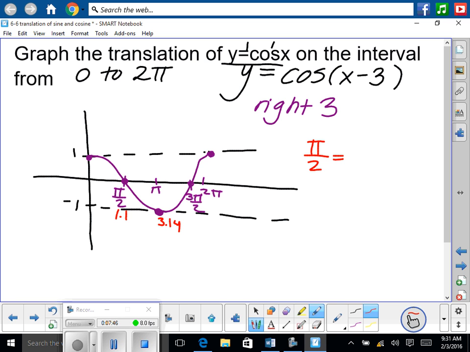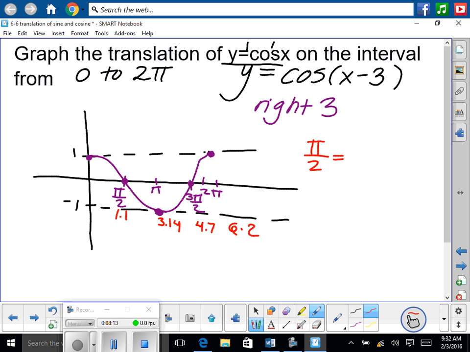And then what's 3 pi halves? I did not draw this to scale. I should say 2 pi's a little bit more over there. What's 3 pi halves? 4.7, and then 2 pi, 6.14. 6.2? Okay, awesome. So 3 units, if we wanted to get technical, we're at 1.1.